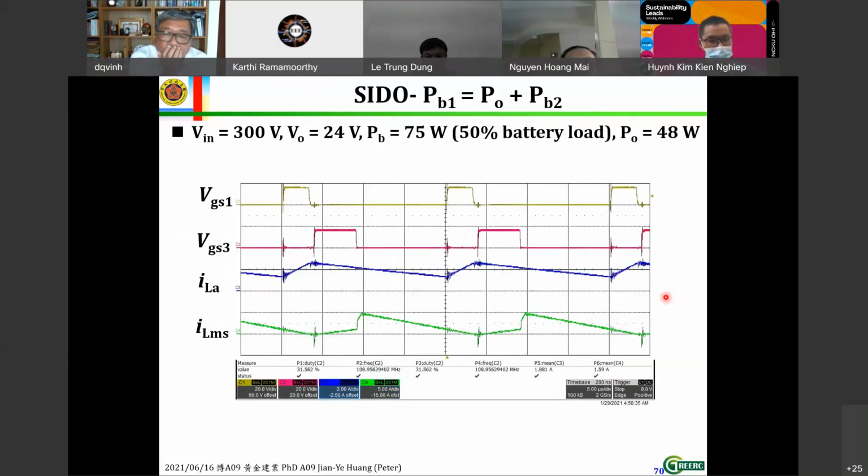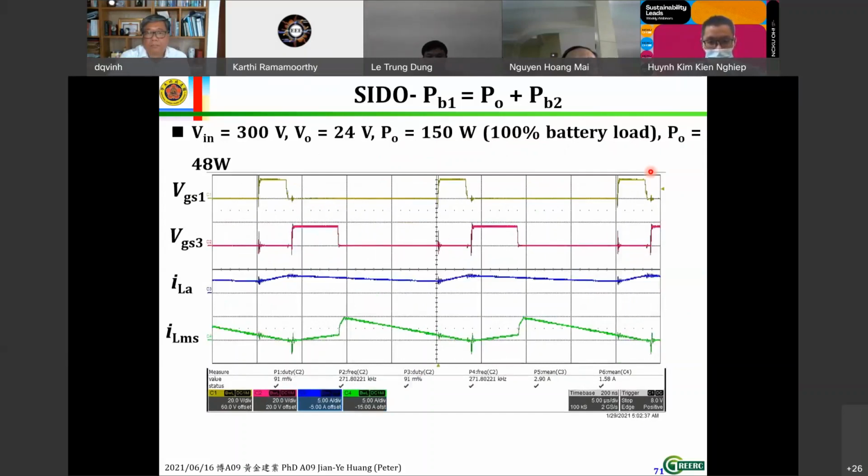And this figure shows the waveform of the Tsorng-Juu mode when battery power is 50% and the load power is 48 watt. And this one shows when the battery power is full load and the VO power is 48 watt.